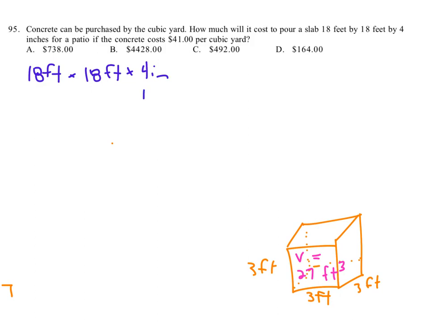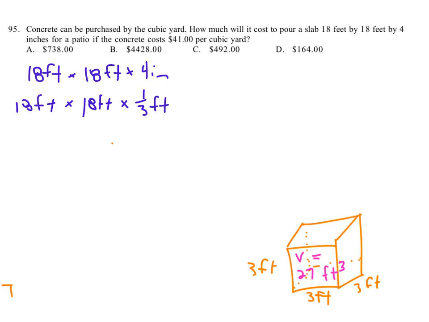So this is 1/3 of a foot. So I'm going to write here 1/3 of a foot, which is what 4 inches is equal to, times 18 feet times 18 feet. Sorry about that.